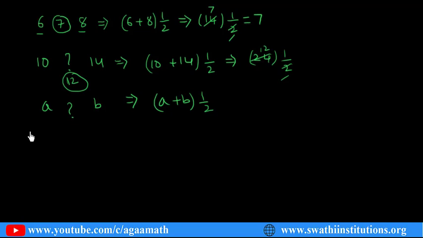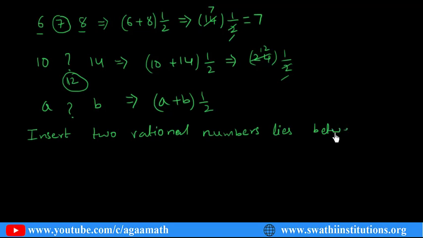Now, let me take one question here. Insert two rational numbers that lie between 3 and 4.